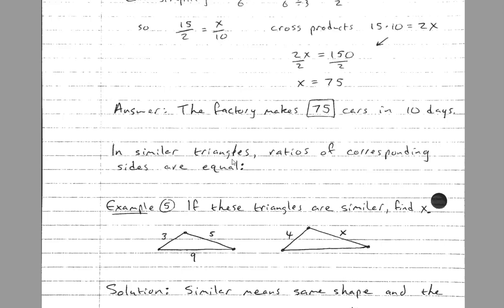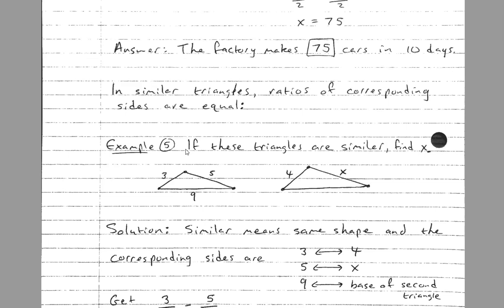But if you have two similar triangles, then ratios of the lengths of corresponding sides are always equal. Example 5, if these two triangles are similar, find the missing side X.